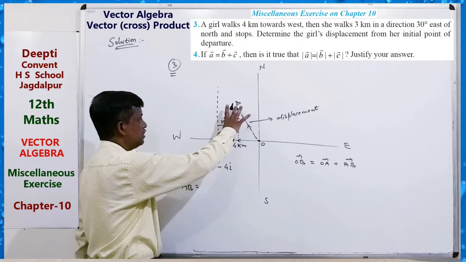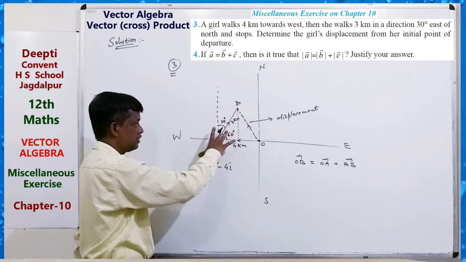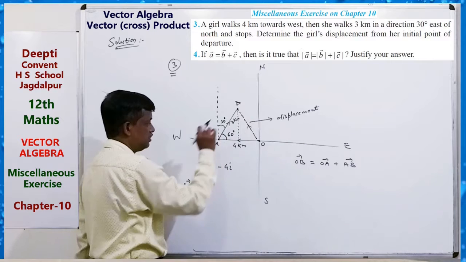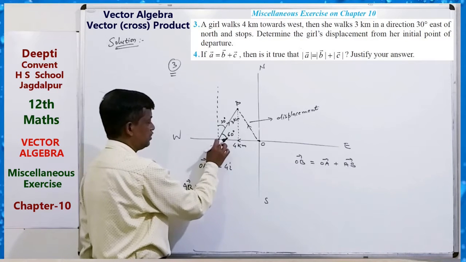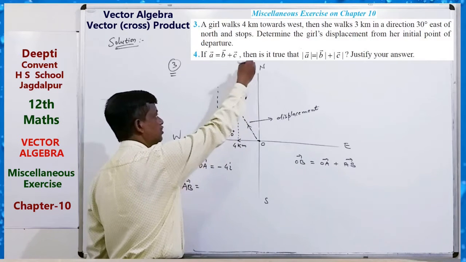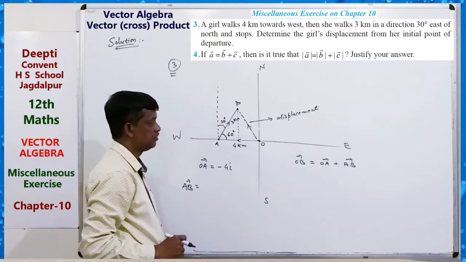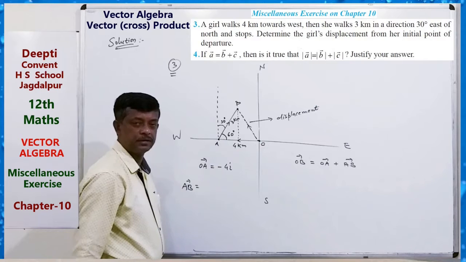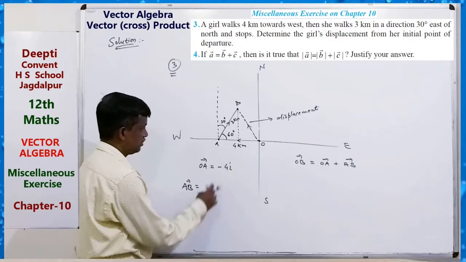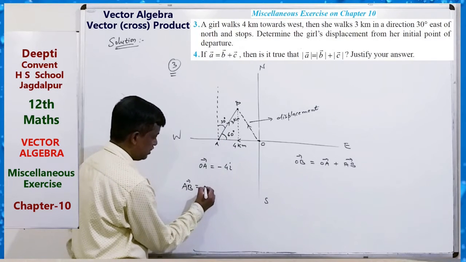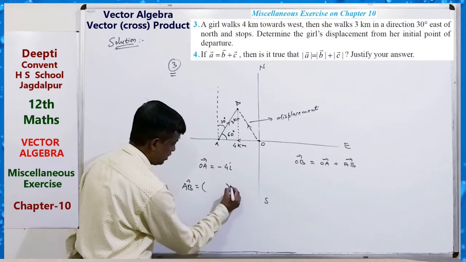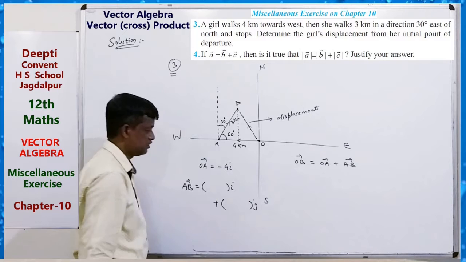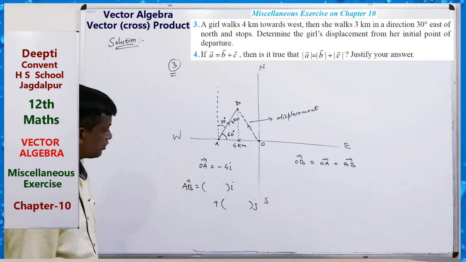This is the hypotenuse. This in the direction of i, and this in the direction of j. So i plus this of j. We have to write like this.